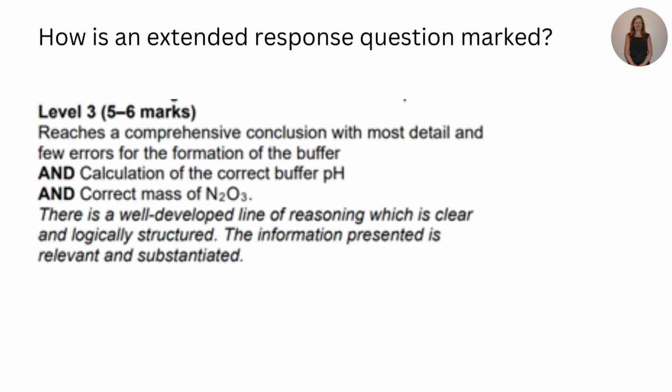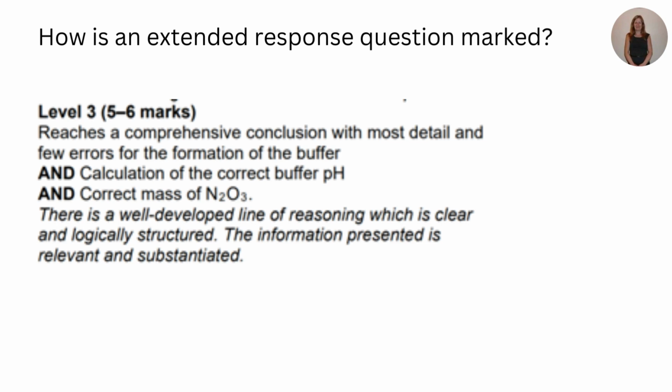So what is an examiner looking for when awarding marks in a question such as this? There are a maximum of 6 marks available, but the examiner is not looking for, say, 6 ticks. What they are looking for is the best fit for your answer overall. So for your answer to be in the top category of 5 to 6 marks, you need to have tackled correctly all 3 parts of the question.